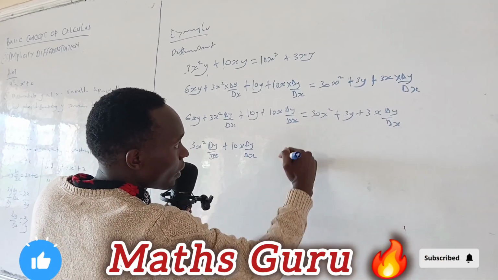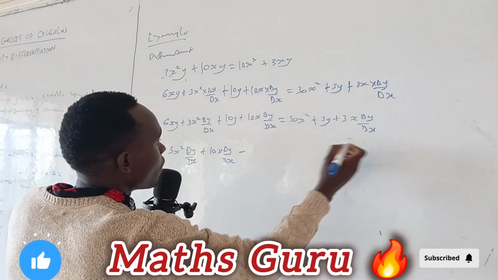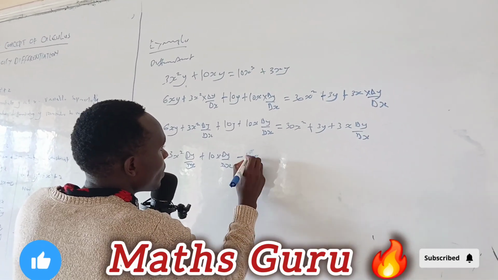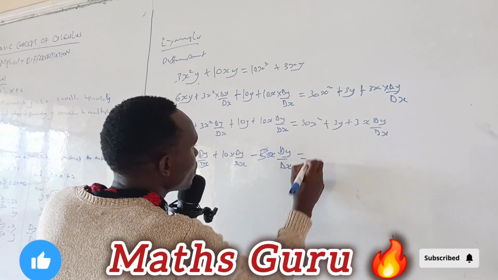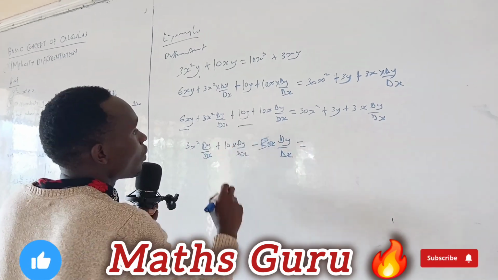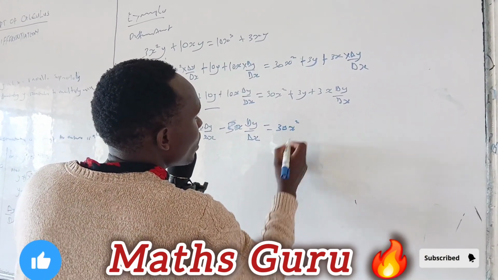So I'm going to subtract this one. So minus 3x change in y over change in x is equal to, this is 6xy, this is 10y. It goes to the other side. So it's equal to 30x squared.